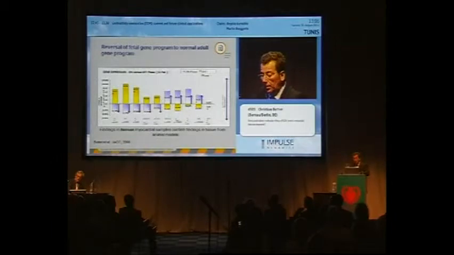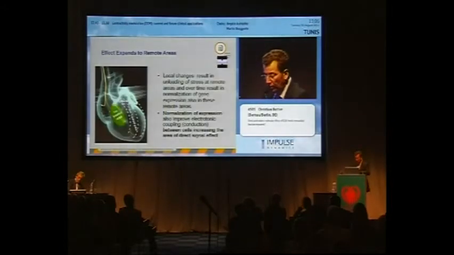All have been moving in the correct direction, which shows that we can restore or improve cardiac function in those gene programs in a blinded crossover way.